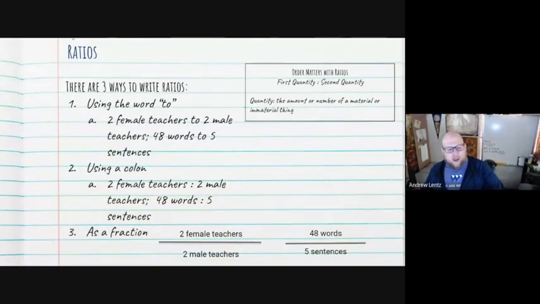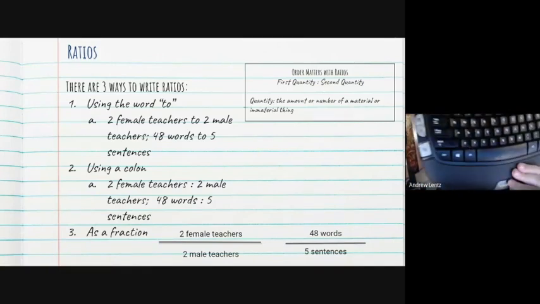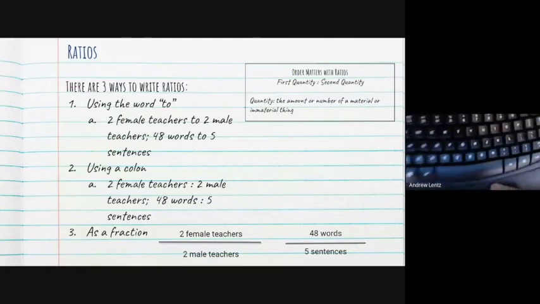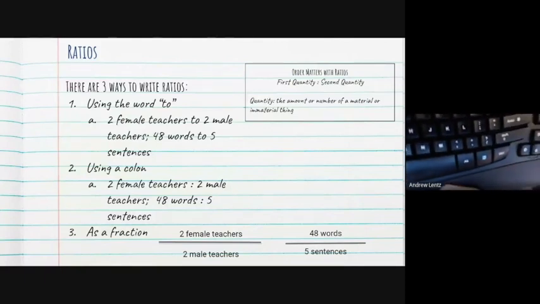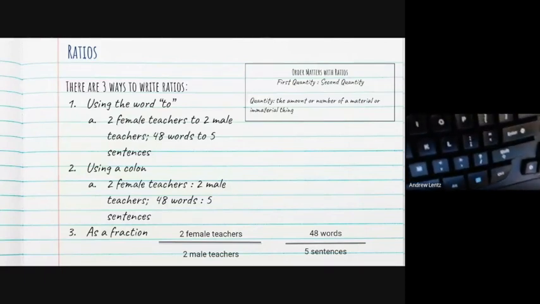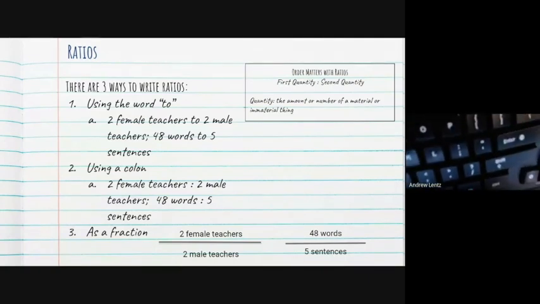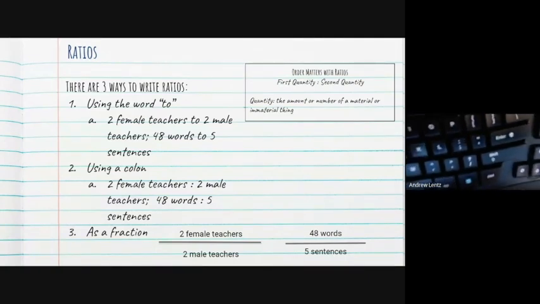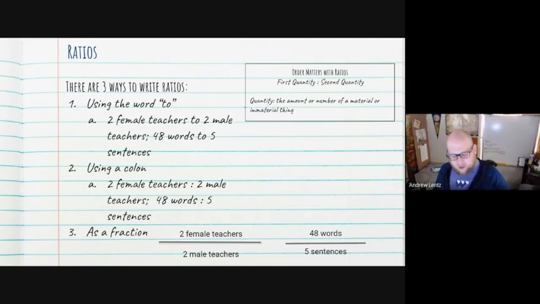The second way, the more mathematical way, is to use what we call a colon. If you look at your keyboard, right next to the letter L, you have the semicolon on the bottom, and the top is the colon. You'd have to hit shift semicolon to get your colon to appear, but we use a colon.